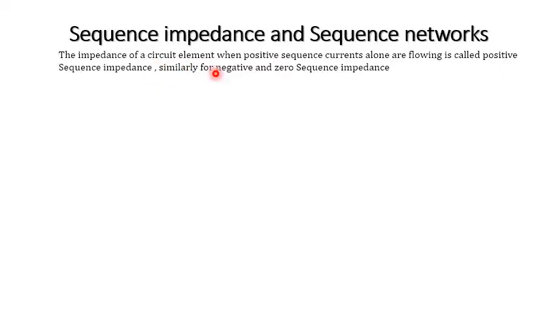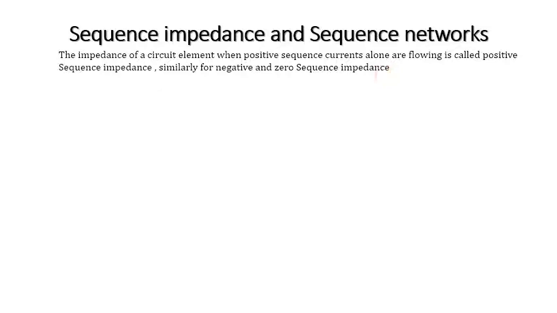Similarly, if only negative sequence currents are flowing, we call it negative sequence impedance, and similarly zero sequence impedance when only zero sequence currents are present. These impedances are required for component modeling and analysis, so we are going to discuss all of these concepts in depth.